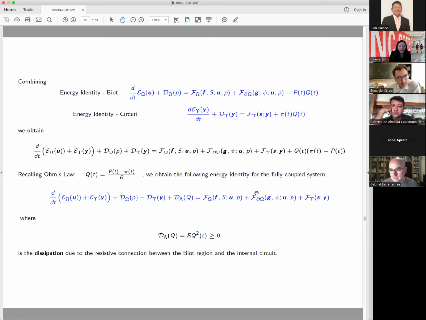And the key thing here is that this problem really has a physical energy that is dissipative. If you look at the whole energy of the system, ignoring sources, if you had zero on the right-hand side, there are three dissipations coming into the system. One from the ODE, one from the fluid, but also one from the connection between the two. It gives a dissipative term, a strictly positive term on the left side.